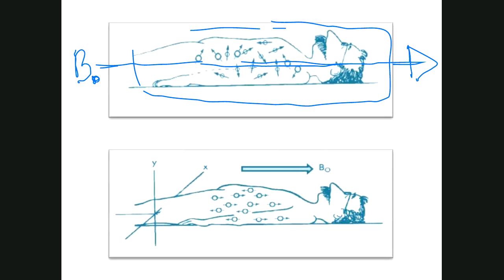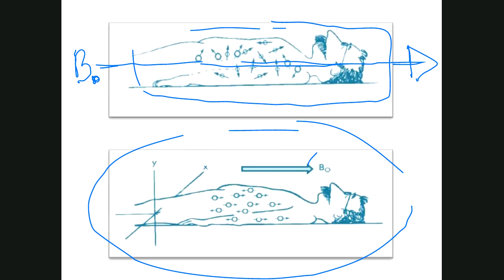All right. As you can see in the bottom picture, as soon as you turn the magnetic field on, your magnetic moments, the protons, will be aligned in the parallel and anti-parallel directions. And this is just a depiction of what we talked about: when you apply the magnetic field, you get a net magnetization that is not equal to 0.